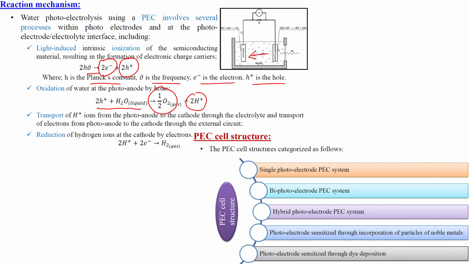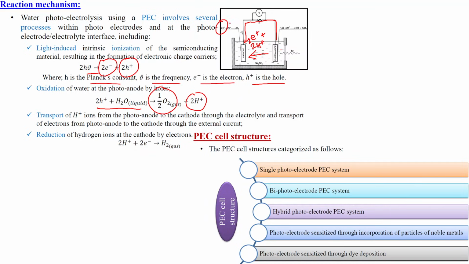As I told, two electrons are also produced. Those electrons flow into the external circuit and move towards the cathode, and the two protons are also moving towards the cathode.